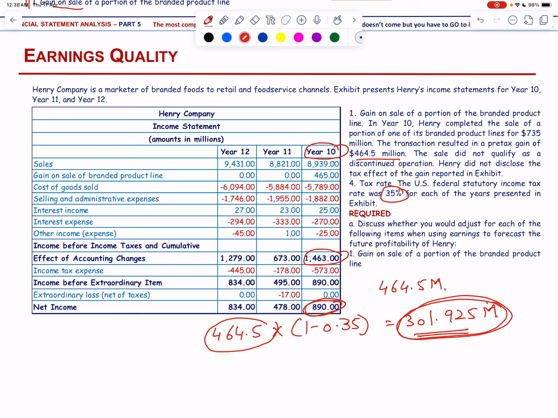So there was a pre-tax gain of 464.5 million, and the tax effect was 35%.